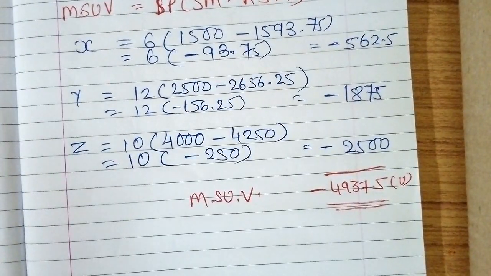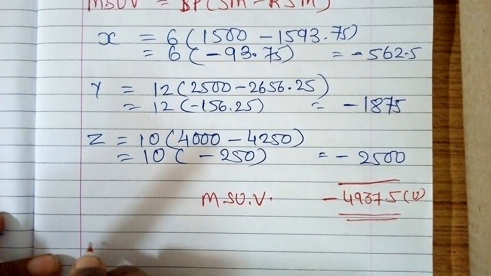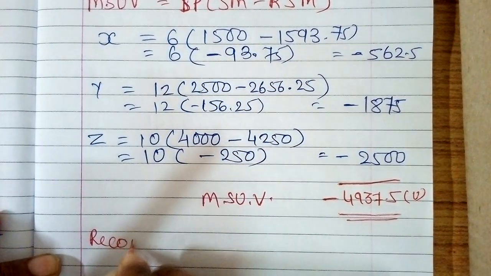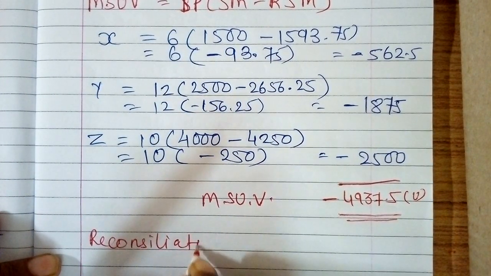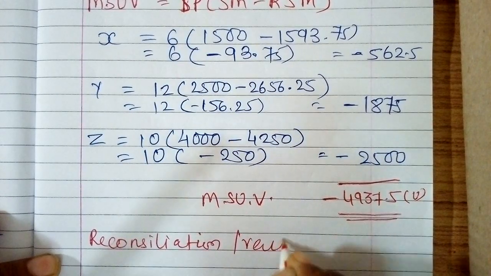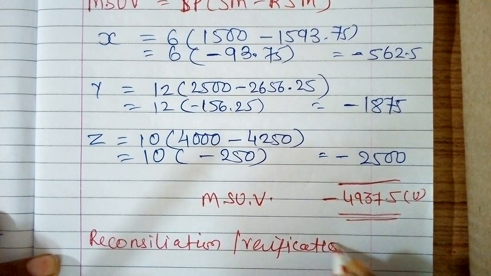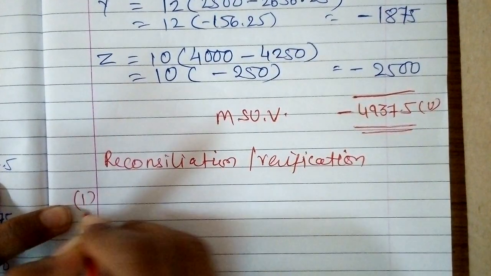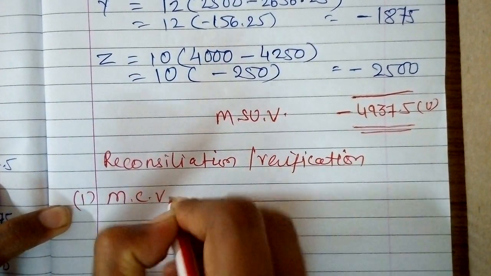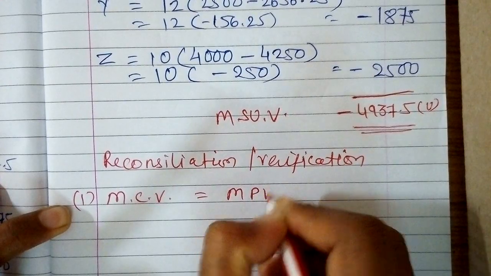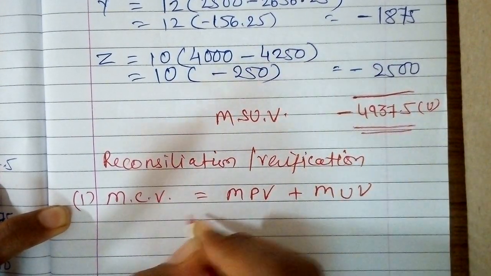Okay. Last but not the least, verification or reconciliation. We can go with the same. We have got the formula MCV equals MPV plus MUV.